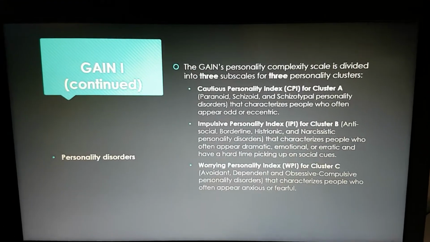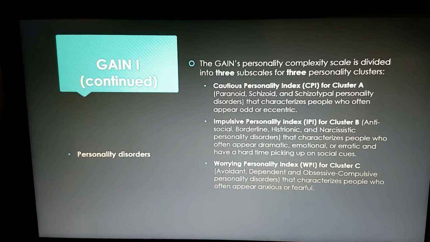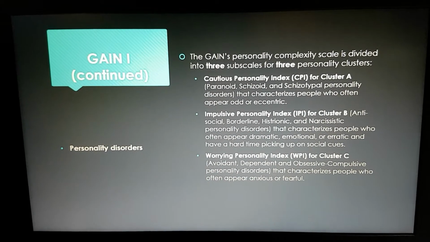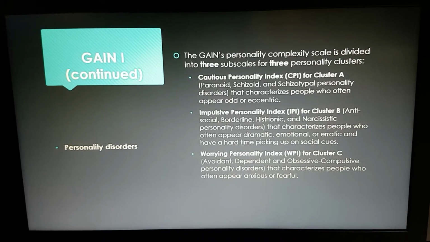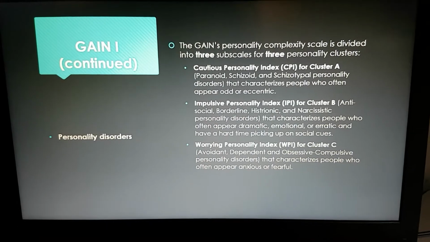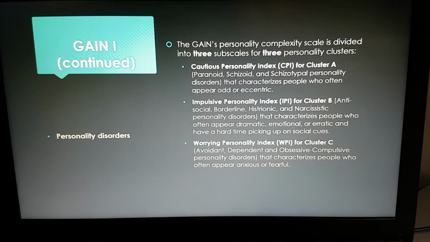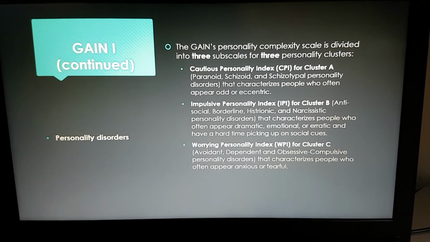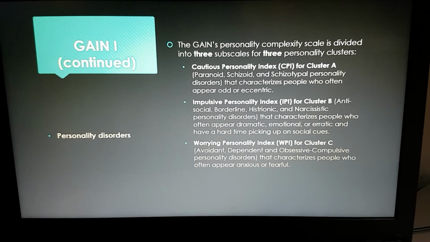So next we're going to talk about personality disorders within the GAIN individual. The GAIN's personality complexity scale is divided into 3 subscales for 3 personality clusters. Cautious Personality Index, which is the CPI, so from our mental health class, I'm sure you'll remember the different clusters of personality disorders. Cluster A is paranoid, schizoid, and schizotypal personality disorders that characterize people who often appear odd or eccentric.